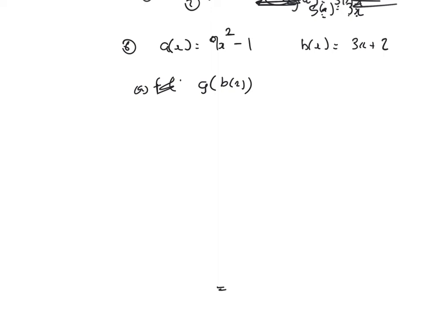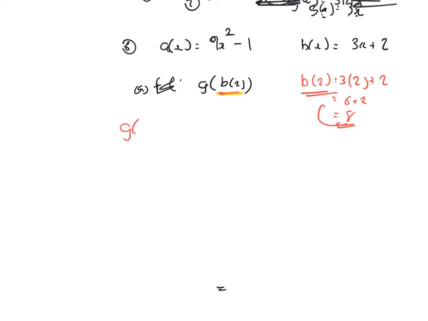The first thing we need to do is to find b of 2. What's the b function? Whatever's in the bracket, you write it down, you treble it and you add 2. 3 times 2 is 6, 6 plus 2 is 8. So b of 2 is 8.